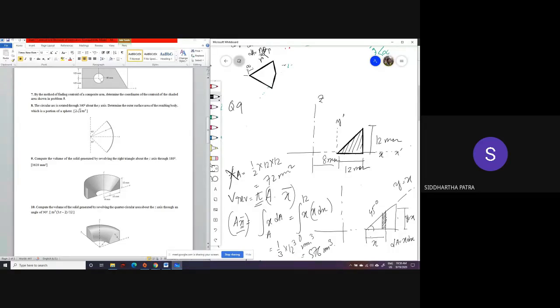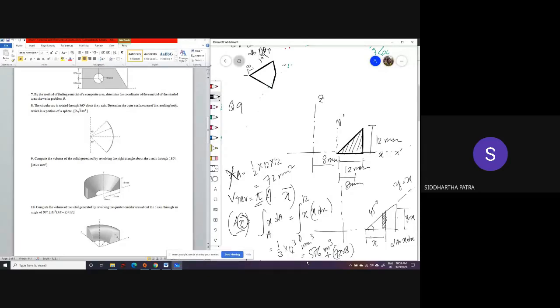Now some of you know this quantity x bar is two-thirds of this distance, which is 8 mm, plus whatever the area is, 72 into 8 additional because of this offset.